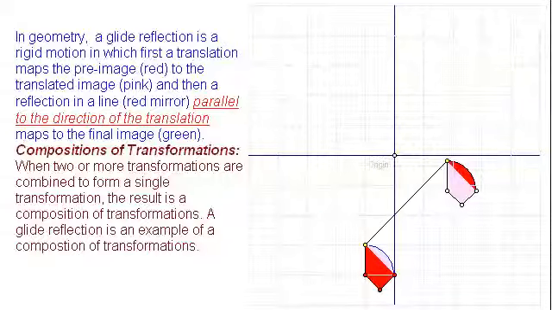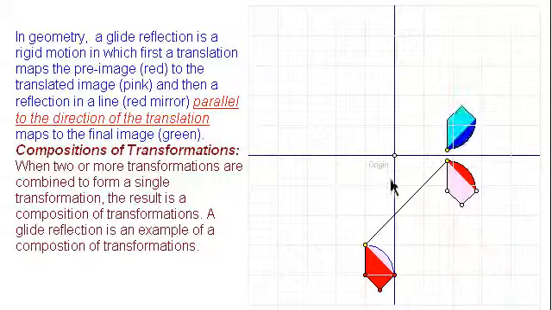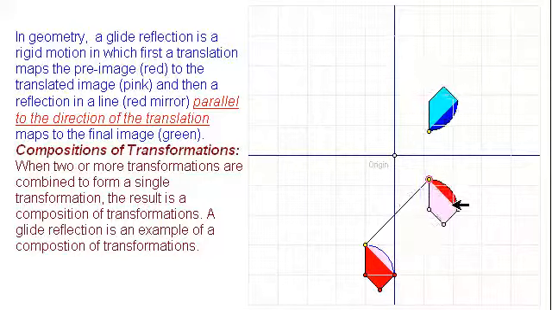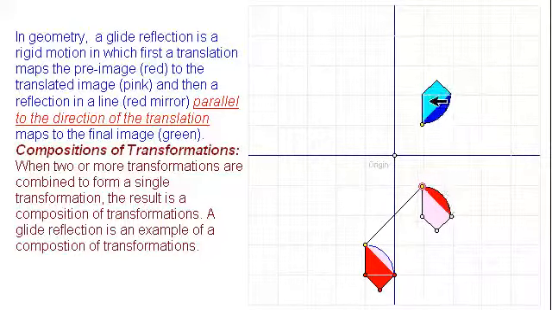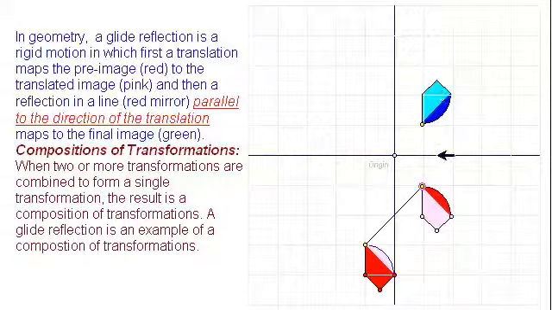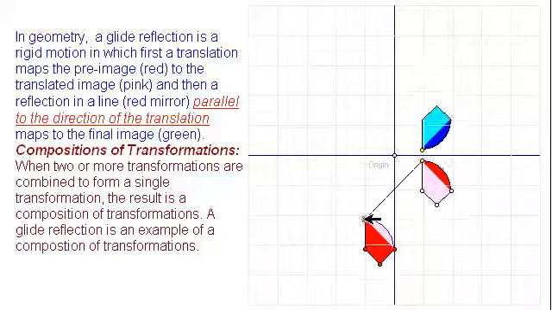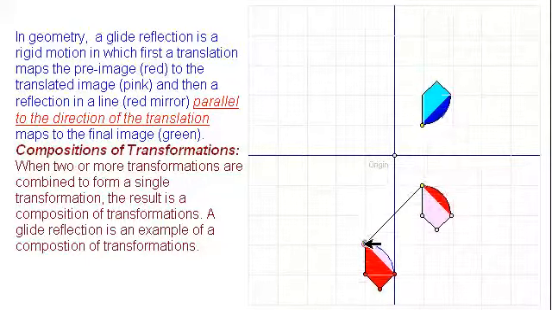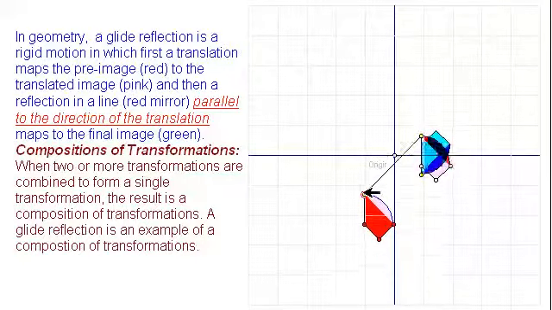Let me hide this and let me have this. This is another reflection of the translated image. You see, this is the translation. I translated this and there is a reflection, but the blue image is the reflection across the x-axis. You can see here the distance between the blue image and the pink, the translated image, is same.